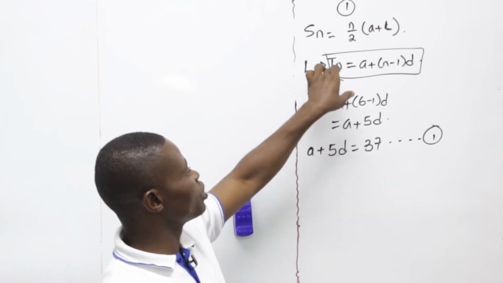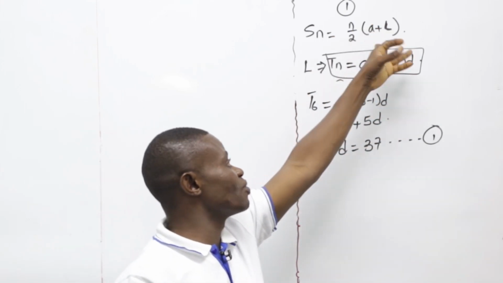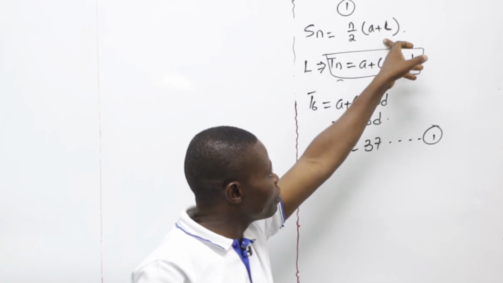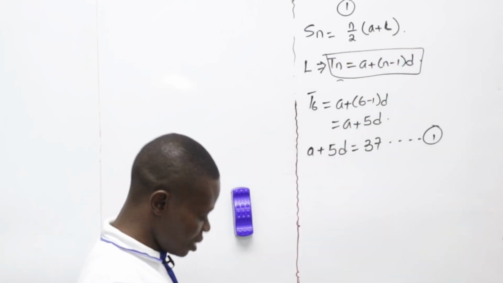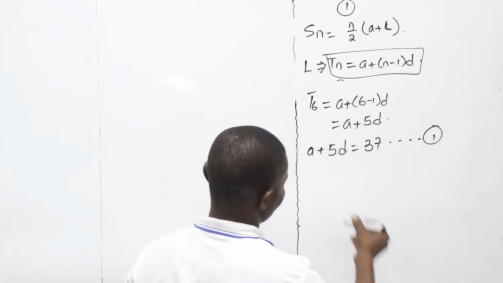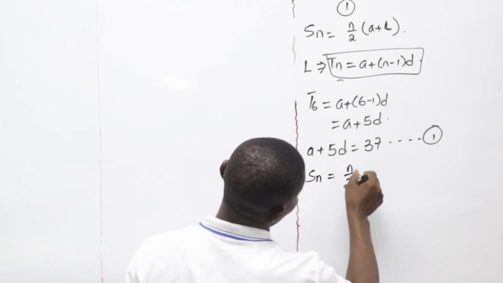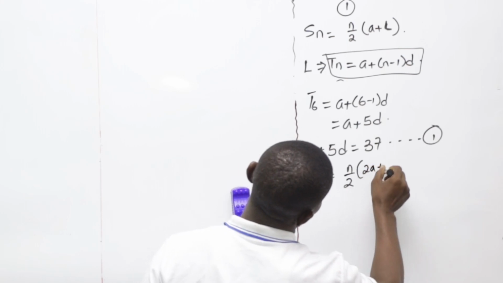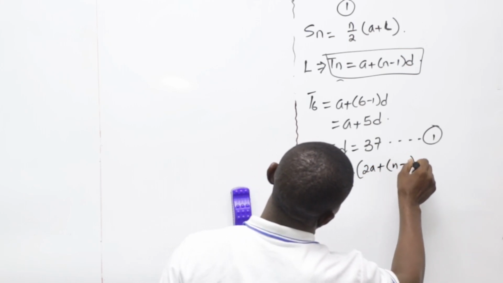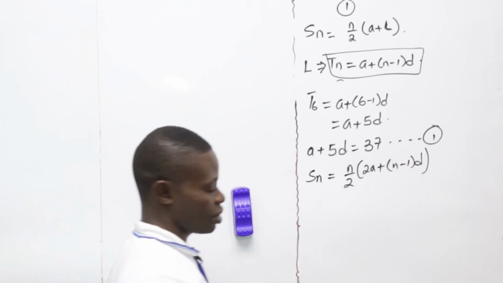Therefore, we are going to introduce the second formula, which is the same thing when you interpret the meaning of L. The second formula is Sn equals n over 2 into (2a plus (n minus 1) into d).